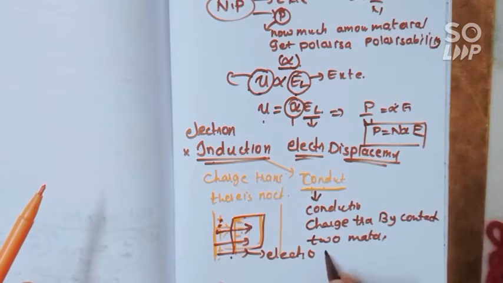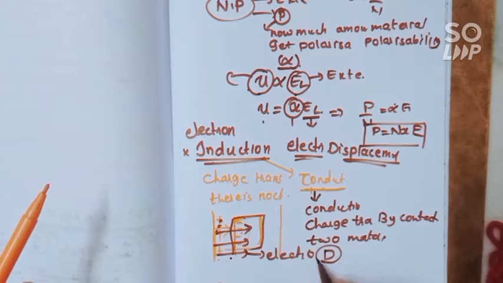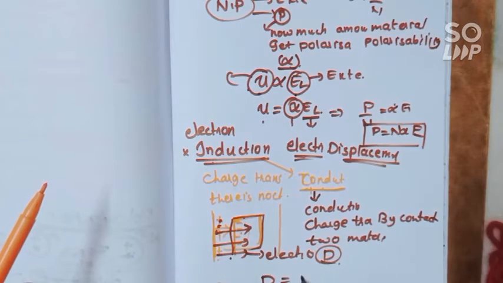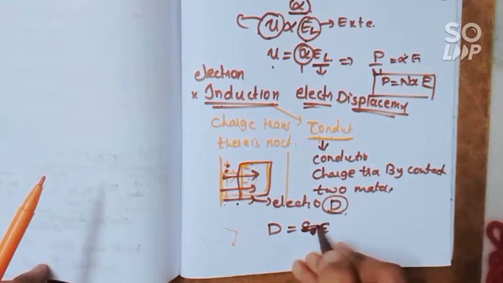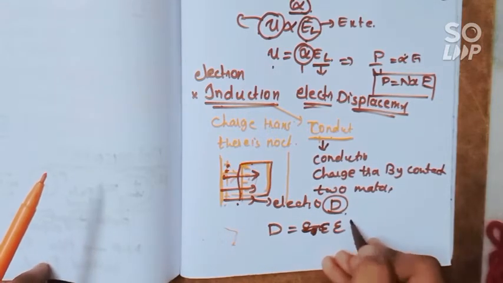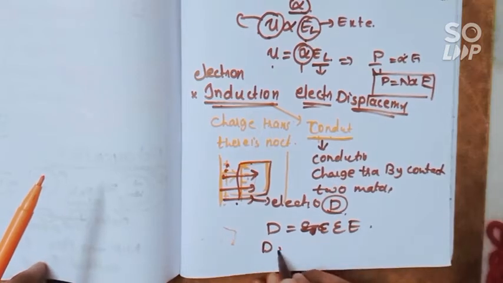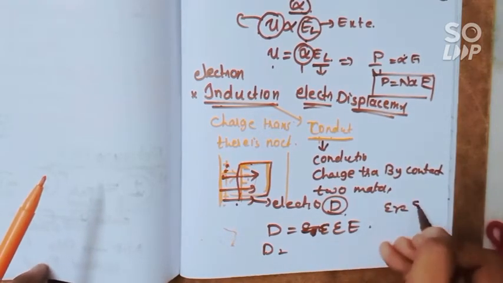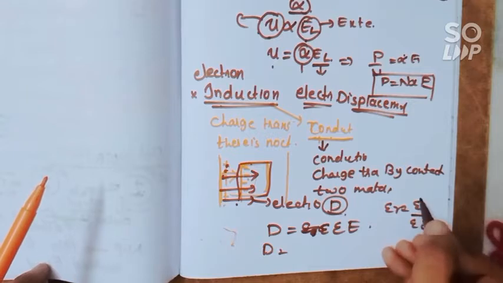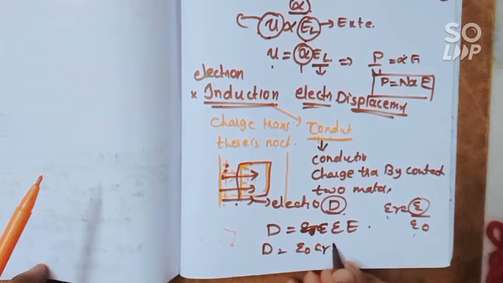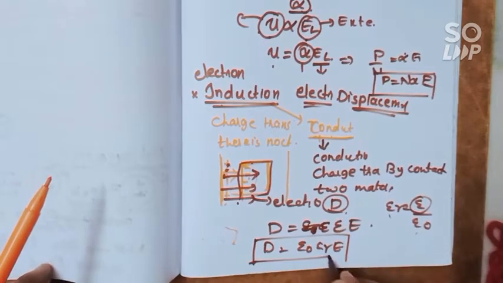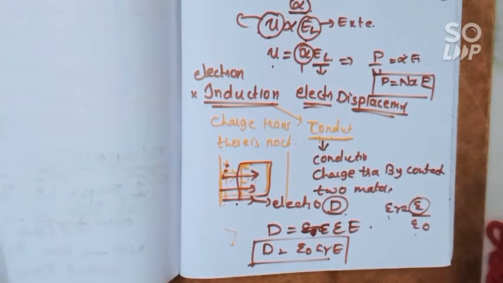It is denoted by the letter D, and D equals epsilon E. We know that epsilon R equals epsilon by epsilon naught, so epsilon equals epsilon naught epsilon R, and D equals epsilon naught epsilon R E. D can be written in this way. This is about induction, or electronic displacement.